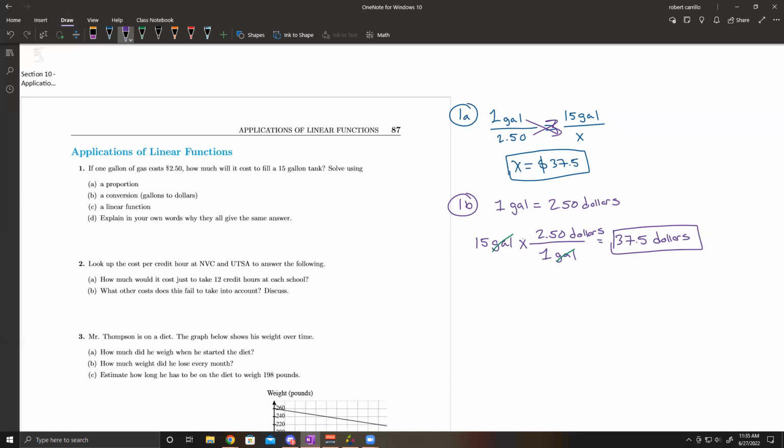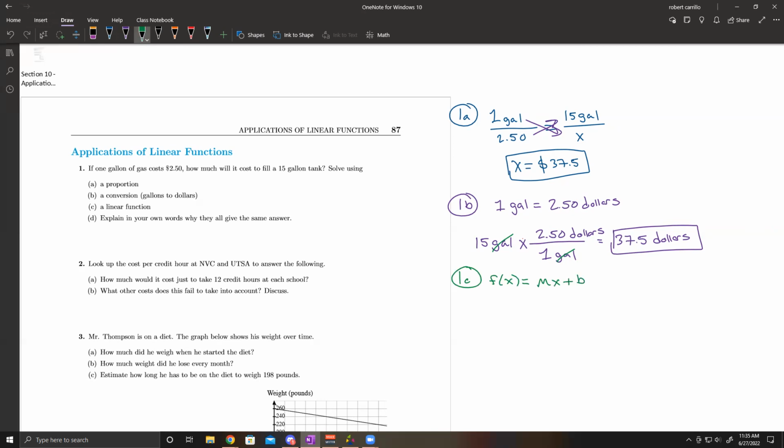Now we want to solve this with a linear function. So one thing we must note about a linear function: since we're doing a function, we have it in the form f of x equals mx plus b.